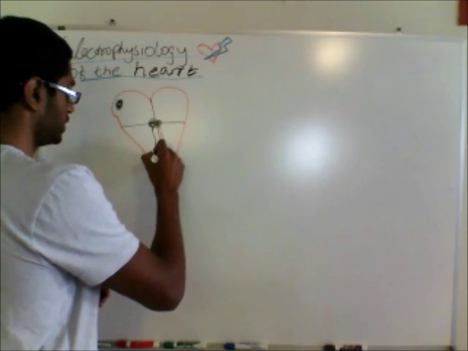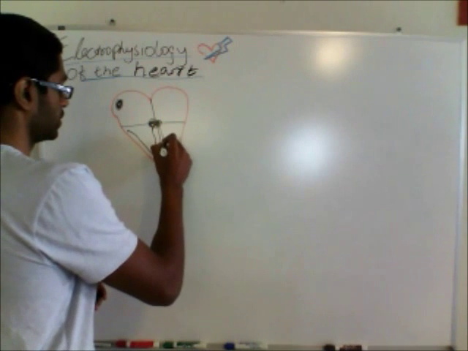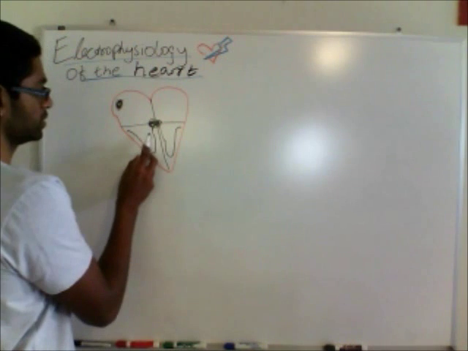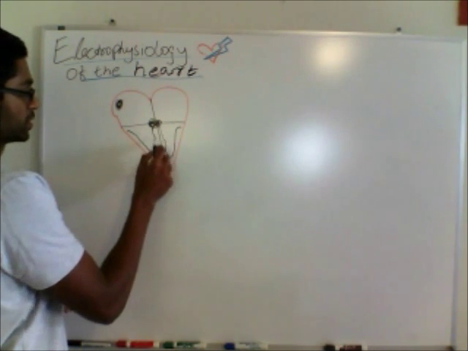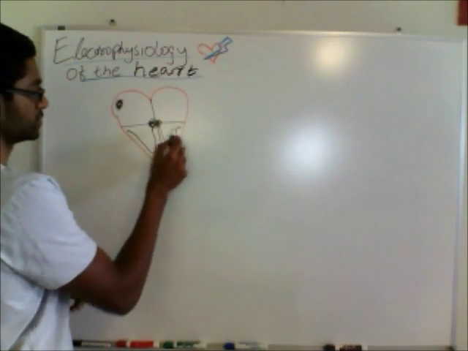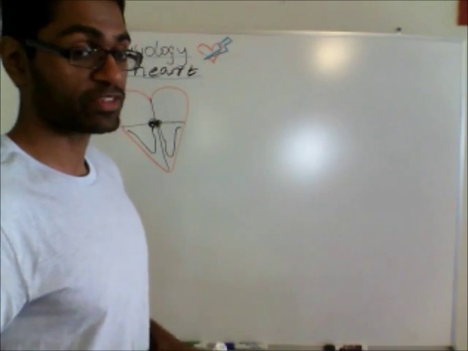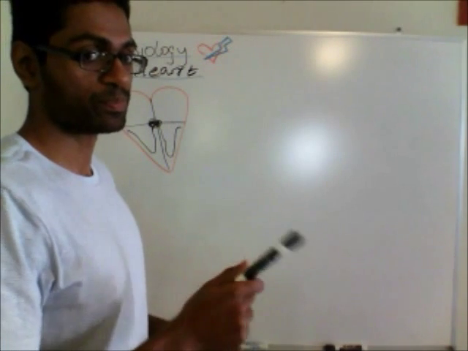Okay, and then it sort of curves around like so. And so this right here would be the bundle of His, and the bundle branches right here, and then turns into the Purkinje fibers.